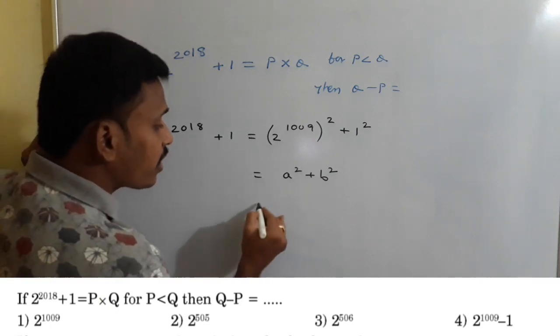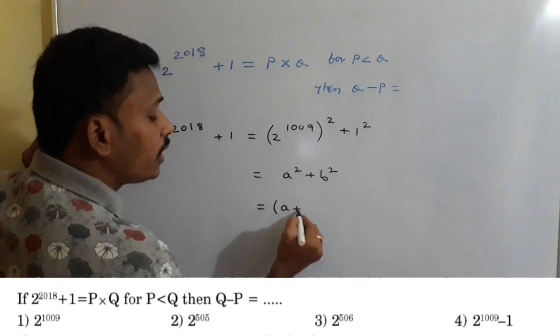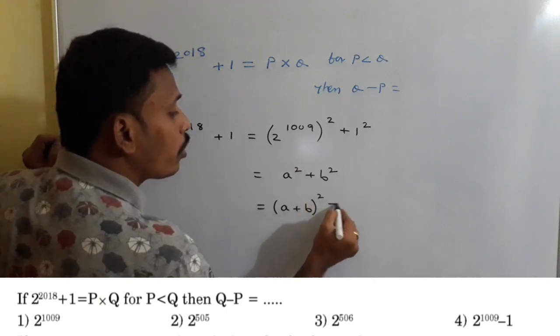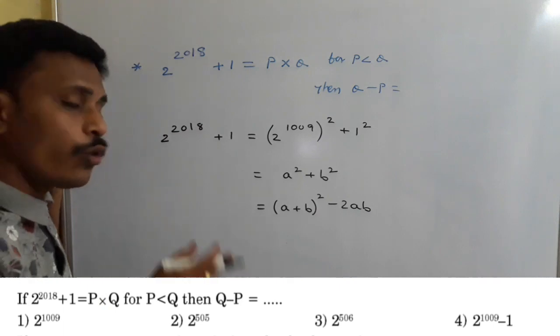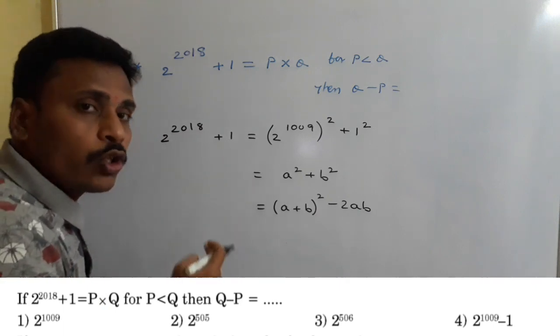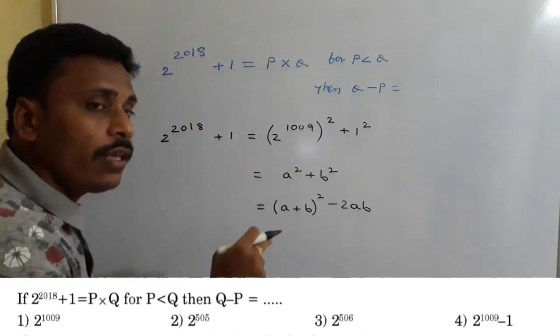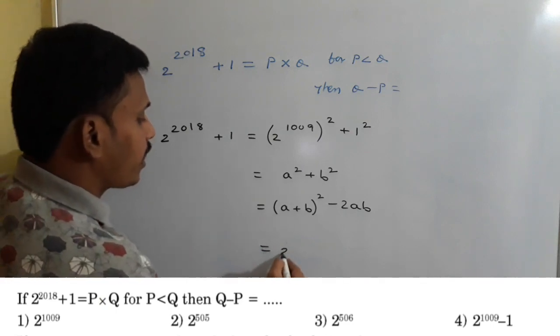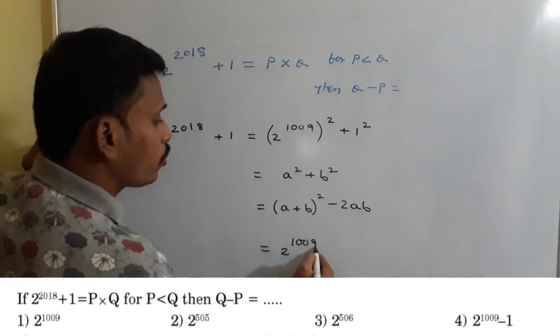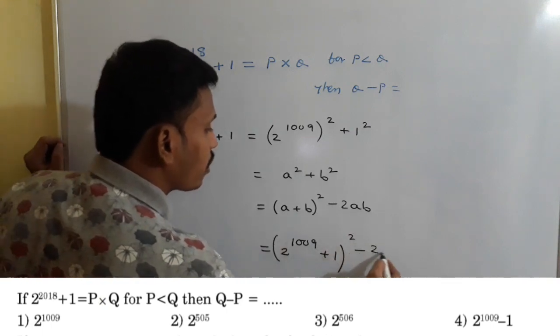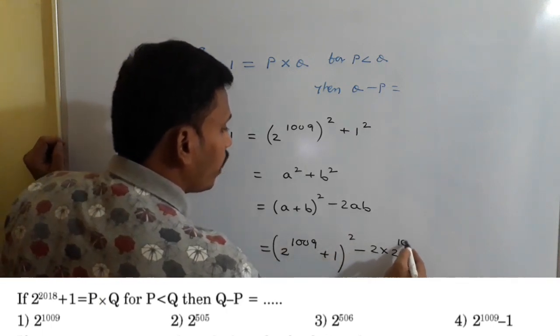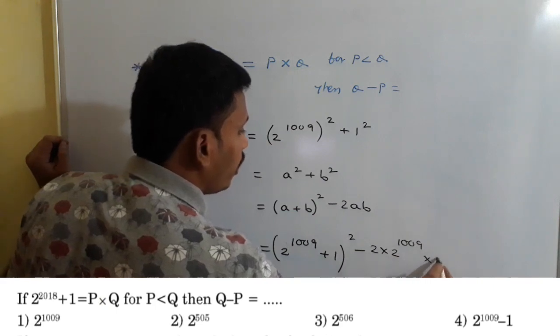And since it is a square plus b square, it can be written as (a plus b) whole square minus 2ab. We are very familiar, right? So we need to replace a with 2 power 1009 and b with 1. So this can be written as (2 power 1009 plus 1) whole square minus 2 into 2 power 1009 into 1.